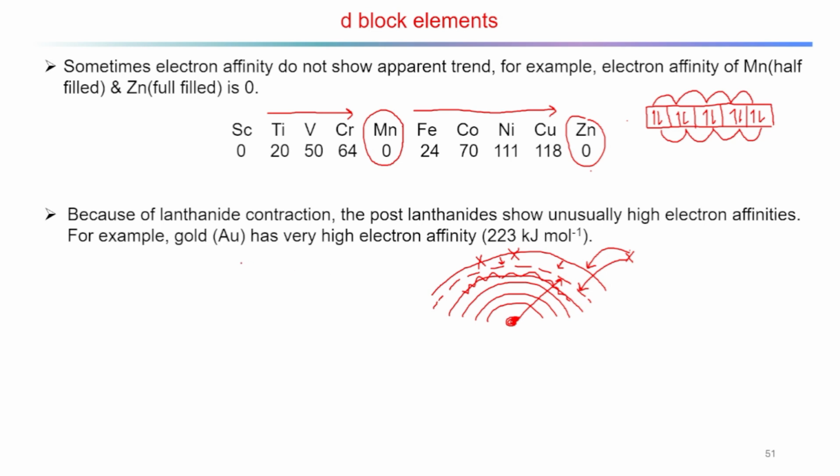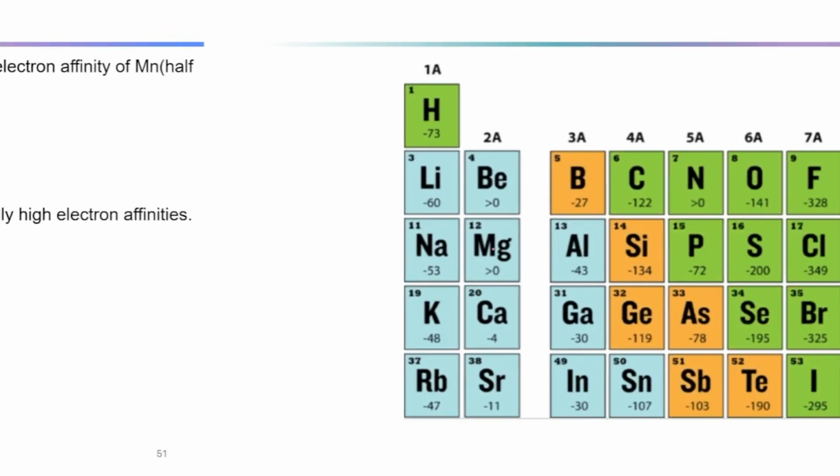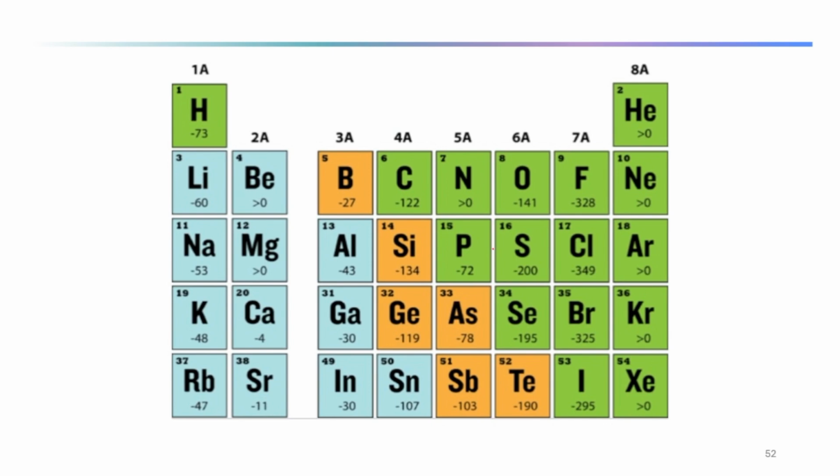For example, gold has a very high electron affinity, which is 223 kilojoule per mole. So among the metals, gold has the highest electron affinity. Now for your reference, you can check this data. Here I have mentioned the electron affinities.